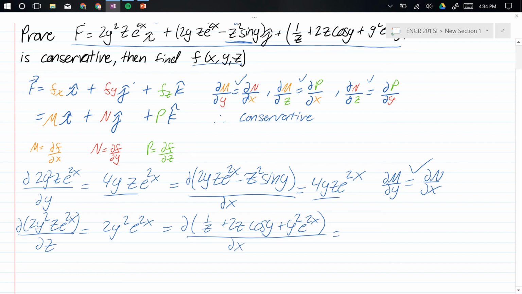The two terms left should go to 0, and so you'd be left with 2y squared e to the 2x. Then partial of m with respect to z equals partial of p with respect to x.